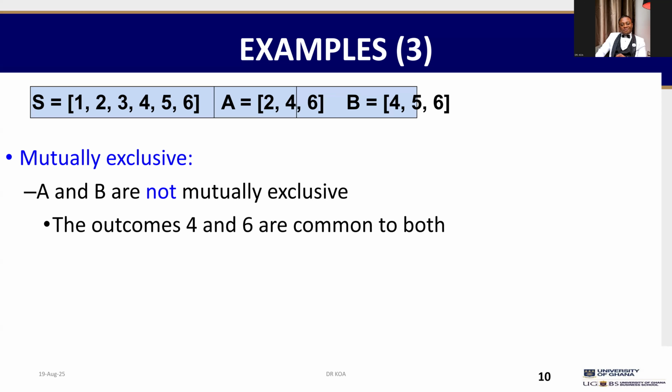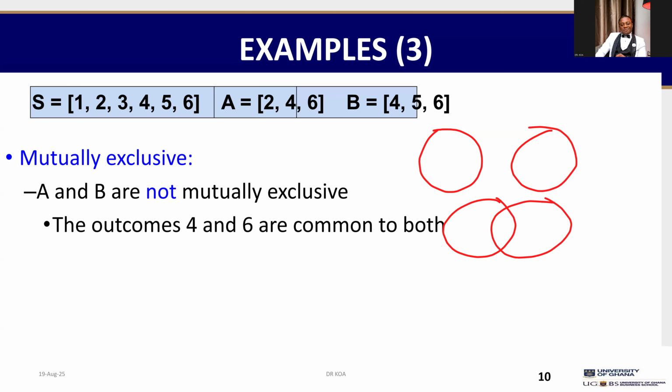Because they are mutually exclusive, they look like a circle on its own here, a circle on its own. No intersection. But events that are not mutually exclusive, they have an intersection. And when they have an intersection, the intersection is what makes it non-mutually exclusive. Because that intersection is joint. So they join together somewhere.